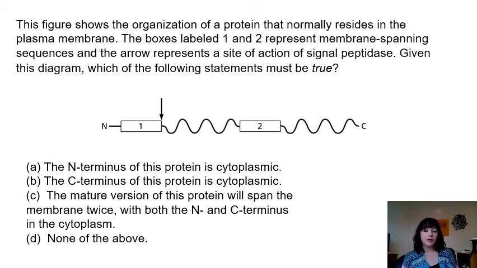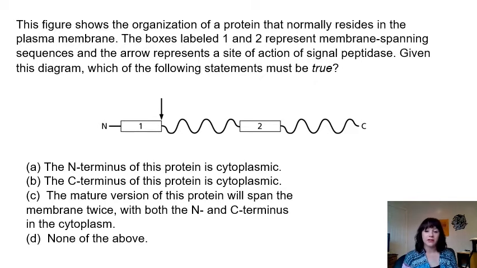So let's do a problem here. This is something that you should be able to solve. I have a cartoon of a protein, and we know that it normally resides in the plasma membrane. Boxes 1 and 2 represent membrane spanning sequences, so those are hydrophobic sequences of the protein, and the arrow indicates where the signal peptidase is going to cleave.